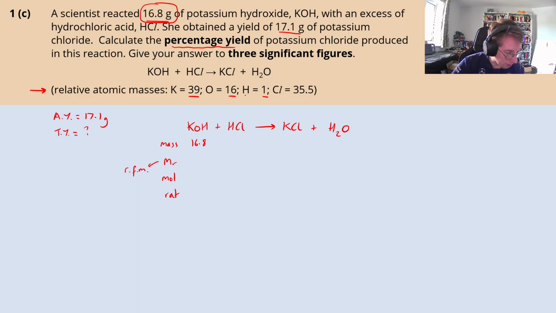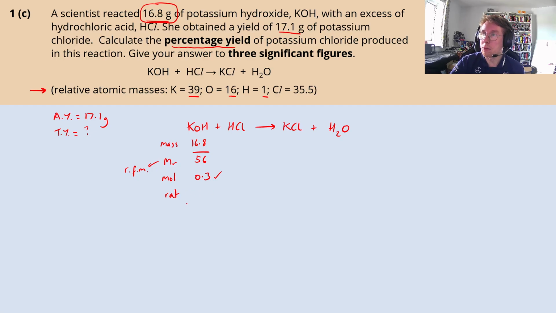So if we add all of those numbers together, what we end up with is 56. So in order to find the moles, we take the mass and we divide that by the relative formula mass. So 16.8 divided by 56. Now, if you do that calculation, you get an answer of 0.3 moles. Now, this would be the first mark in this calculation out of the 4.